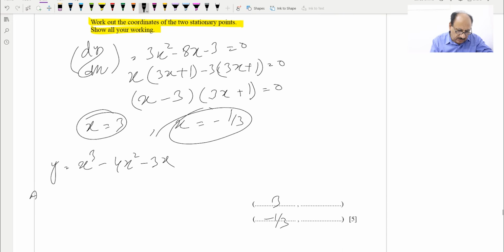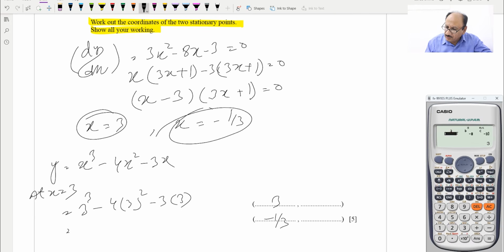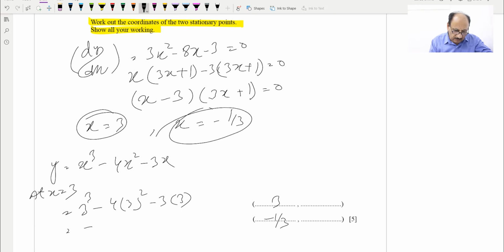So at x = 3: 3³ − 4 × 3² − 3 × 3, and this gives us −18. So the answer for this will be −18.